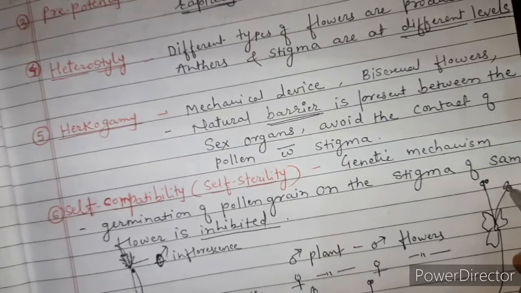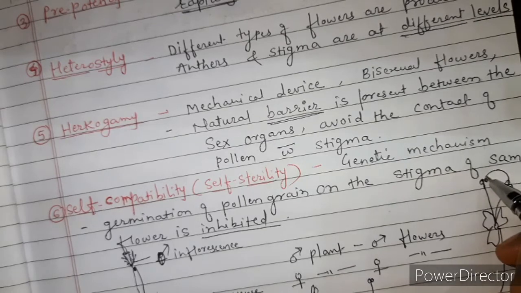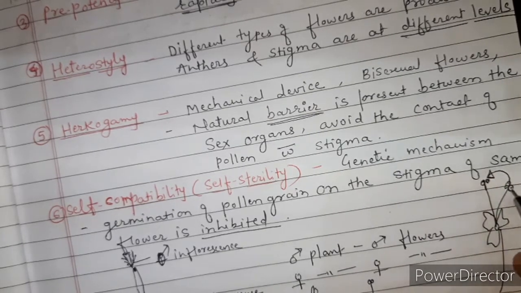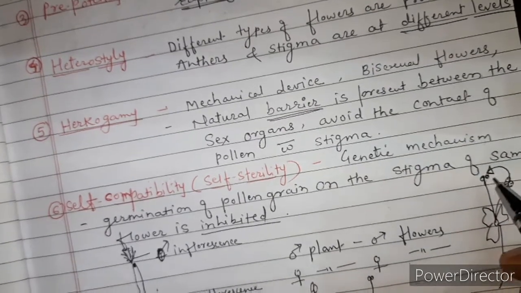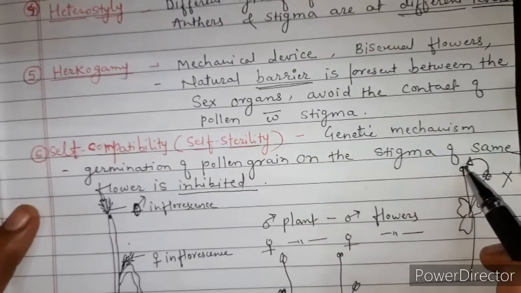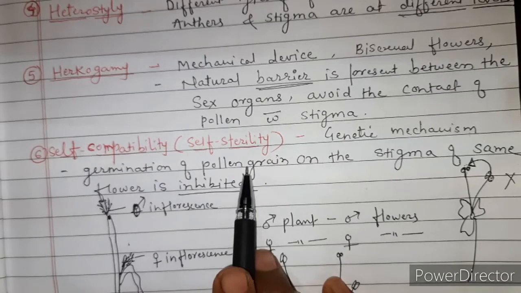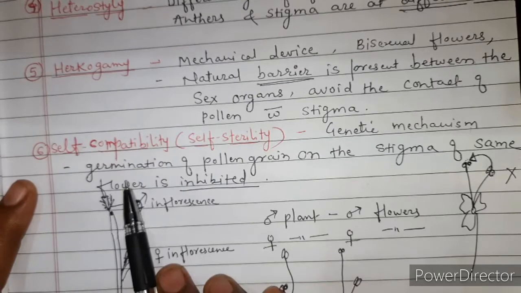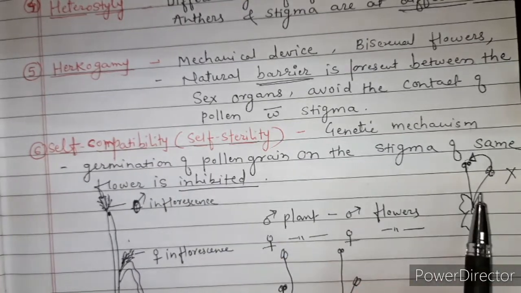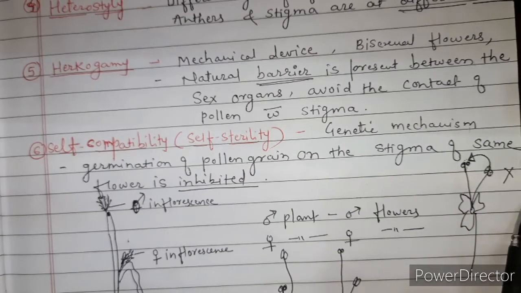If the pollen grains of the stamen are deposited on the stigma of the same flower, there is no germination of the pollen grain on the stigma. But if the pollen grains of another, different plant are transferred on the stigma, then and only then the pollination is successful, that is the pollen tube is formed in this way.